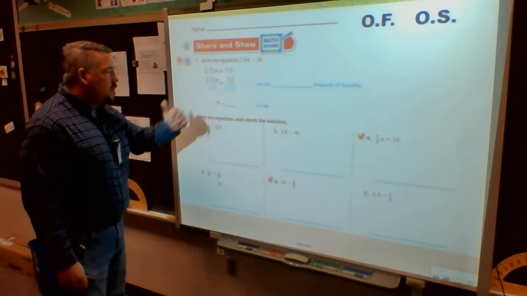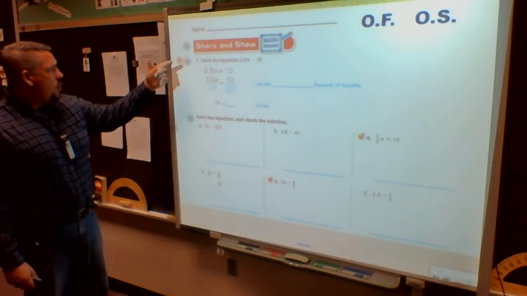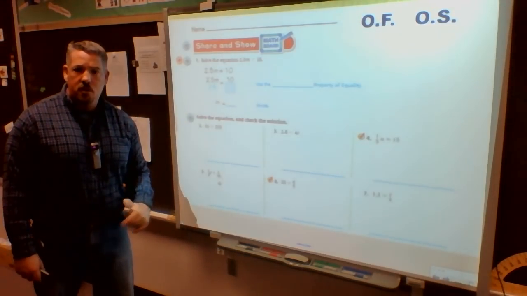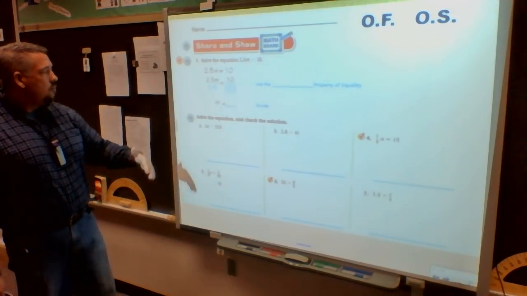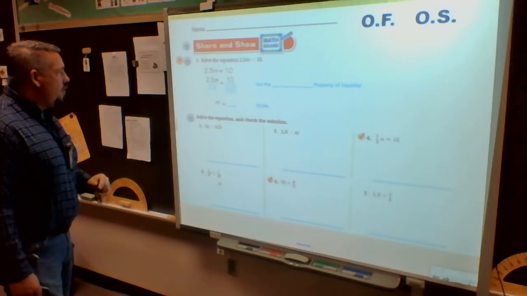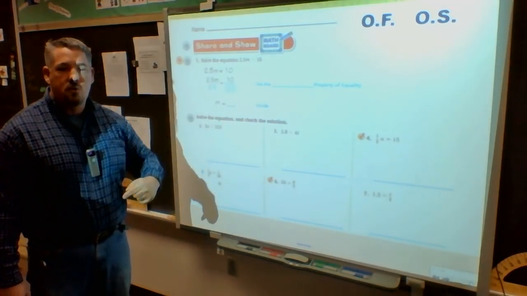Going on to our practice problems. This one, a few more steps set up, and then we're going to work through the steps on each of these. So question 1, 2.5m equals 10. My coefficient, once again, is 2.5. And my variable is m. My constant, my number without anything, is a 10. I know that I'm multiplying because a coefficient and a variable means multiplication.